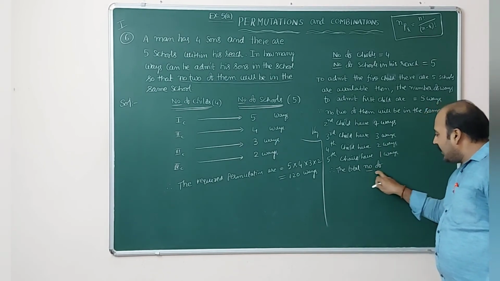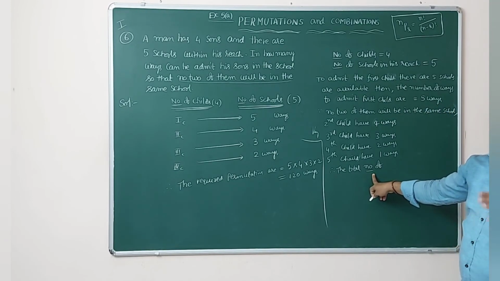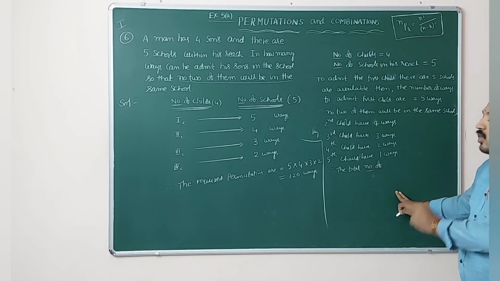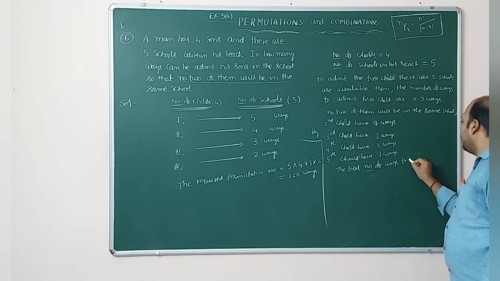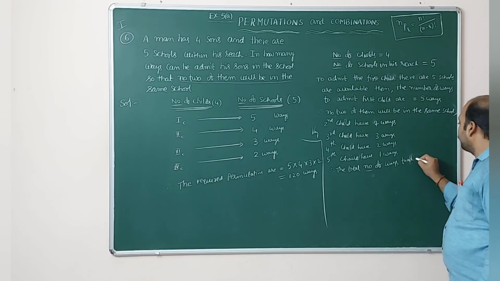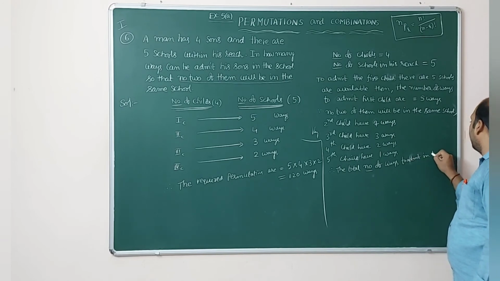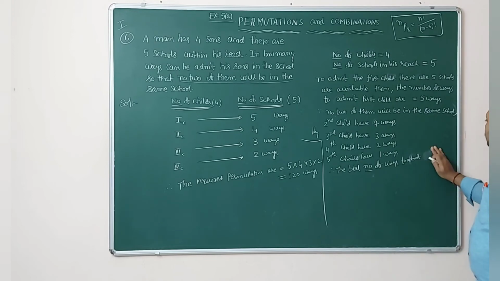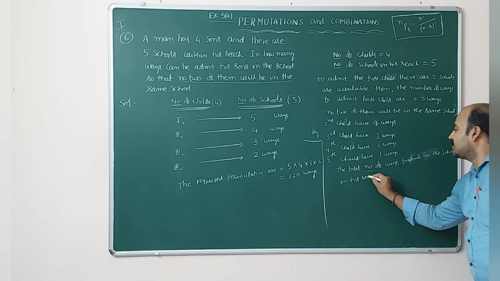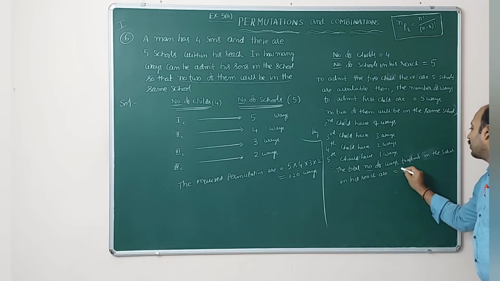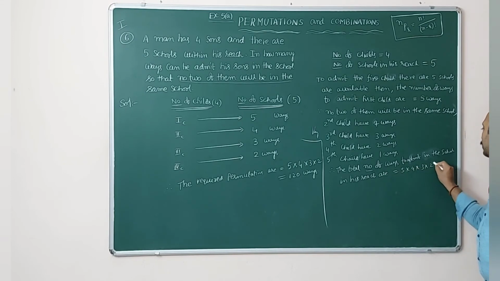Here NO, like this symbol is given, it represents the number of ways to admit in the school in his reach, or 5 into 4 into 3 into 2 into 1.